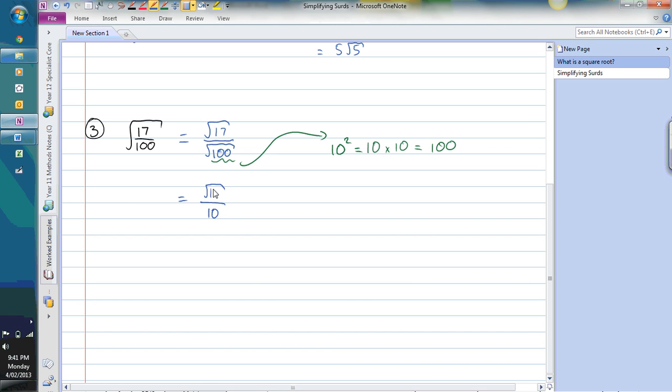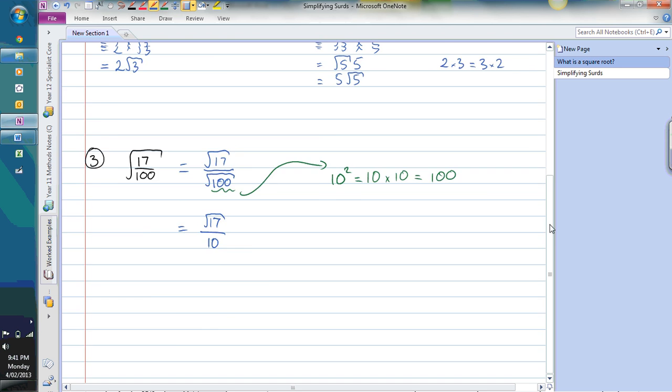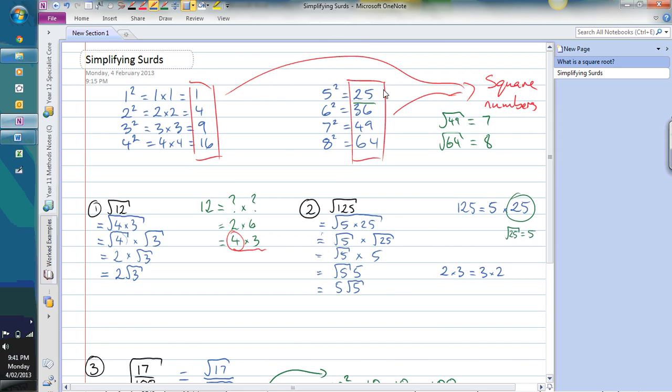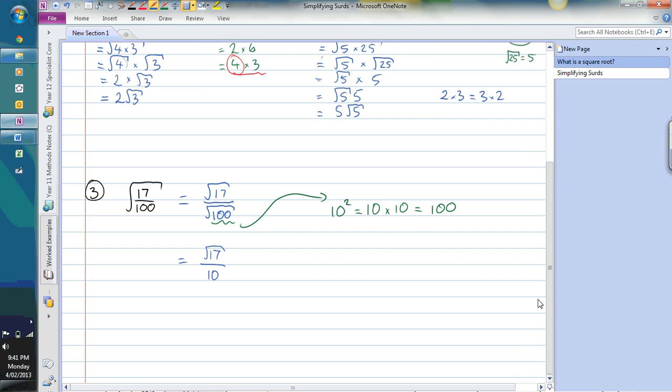And I'm going to get the square root of 17 divided by 10. And this actually isn't going to be able to go any simpler because we know that 17 is a prime number. That means it doesn't have any numbers that multiply to give it at all. It's definitely not going to be in my list of square numbers. So that's how we simplify surds.